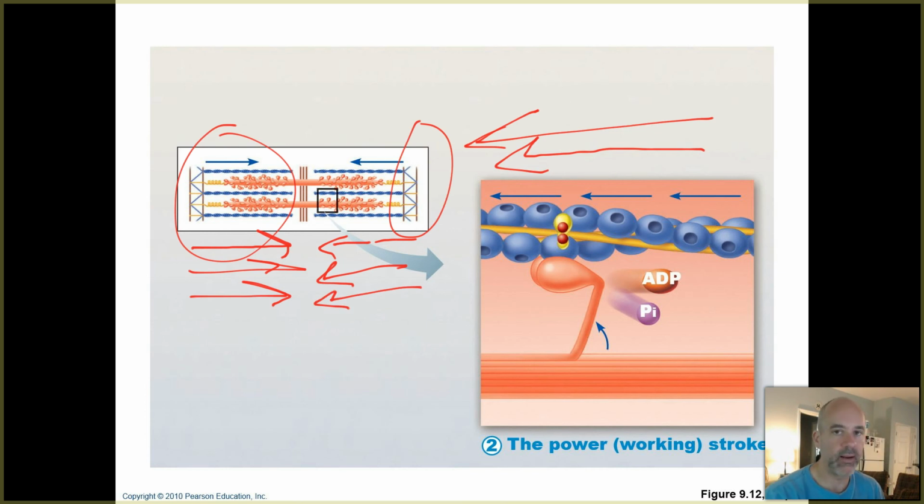So you have this happening, again, all over the place inside that muscle fiber. You've got tons of these in those three-dimensional sarcomeres all over the place. Notice your ADP and your P come off. So ADP and inorganic phosphate are released, and that change is called the power stroke.